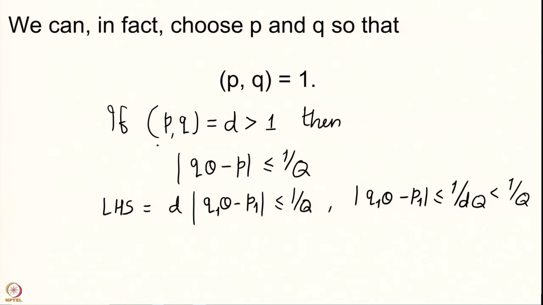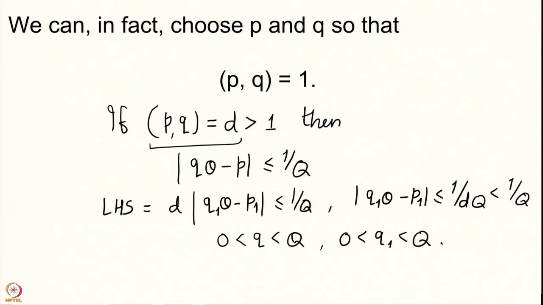So, if you had a non-trivial GCD for p comma q, you can cancel that GCD out and you have these numbers, and of course we had our small q less than capital Q, and we would continue to have q1 also less than capital Q. So, once you have a pair of such integers p comma q giving you a good approximation, you will be able to get p and q where the GCD is 1.